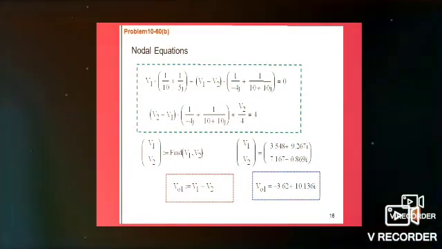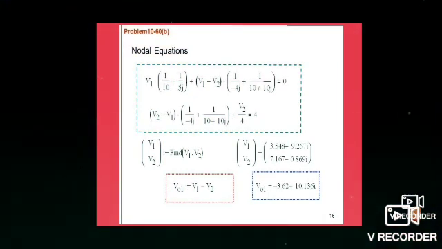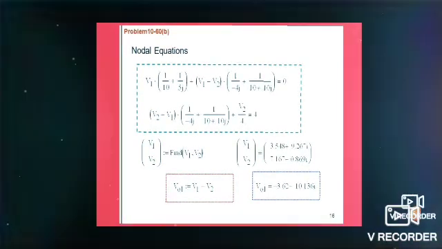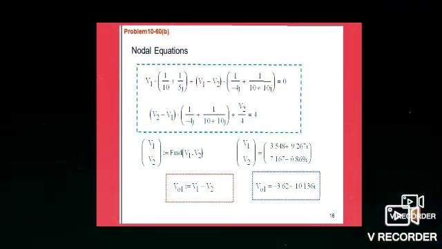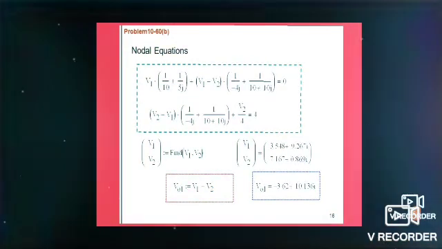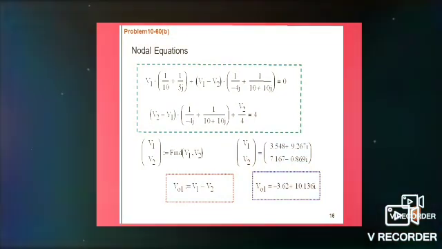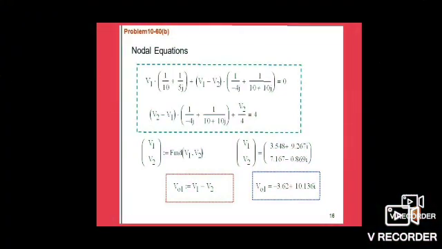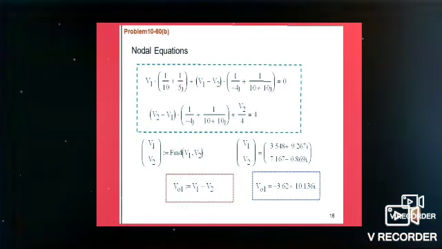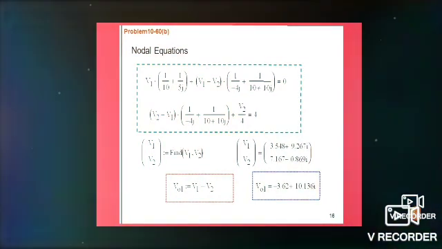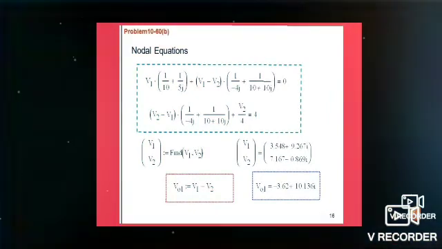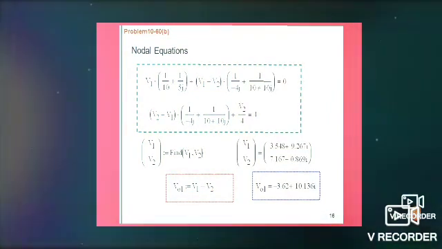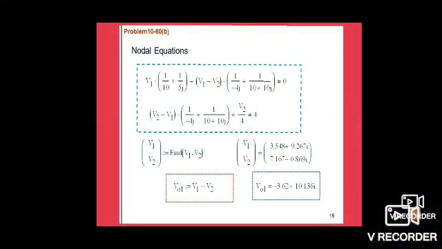Similarly, for the second node, V2 minus V1 into 1 by minus 4J plus 1 by 10 plus 10J plus V2 divided by 4 equal to 4. By solving the matrix, we find V1 is 3.548 plus 9.267J and V2 is 7.167 minus 0.869J. V01 is V1 minus V2. Therefore, V01 equals minus 3.62 plus 10.136J.